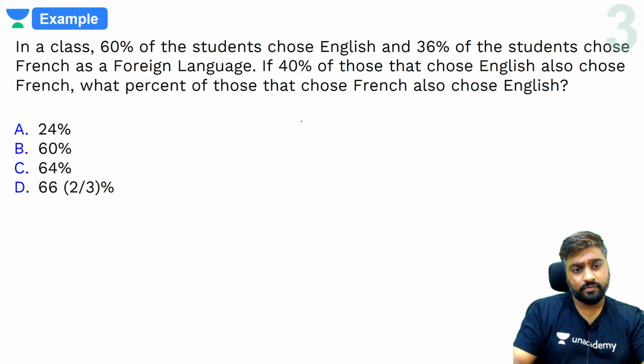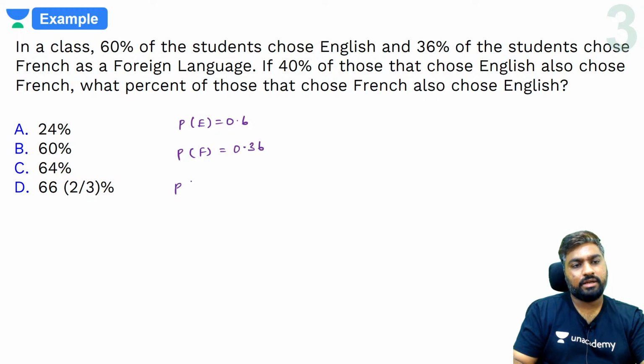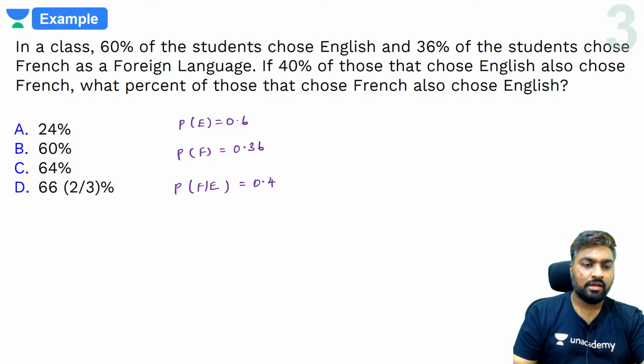Where were we? Yeah, so probability of English is 60%, probability of French is 36%, probability of English when French, no, the other way around, French when English is how much? 40%. Yes, so what do we want?